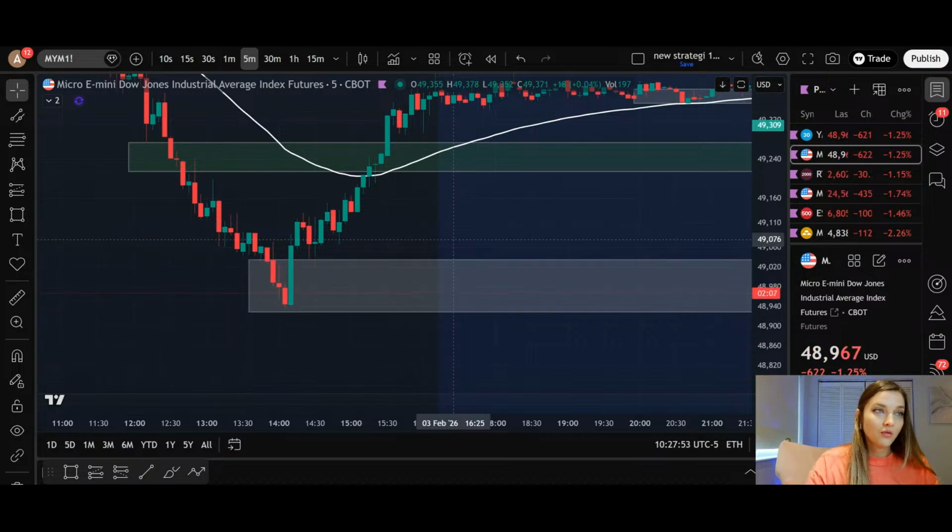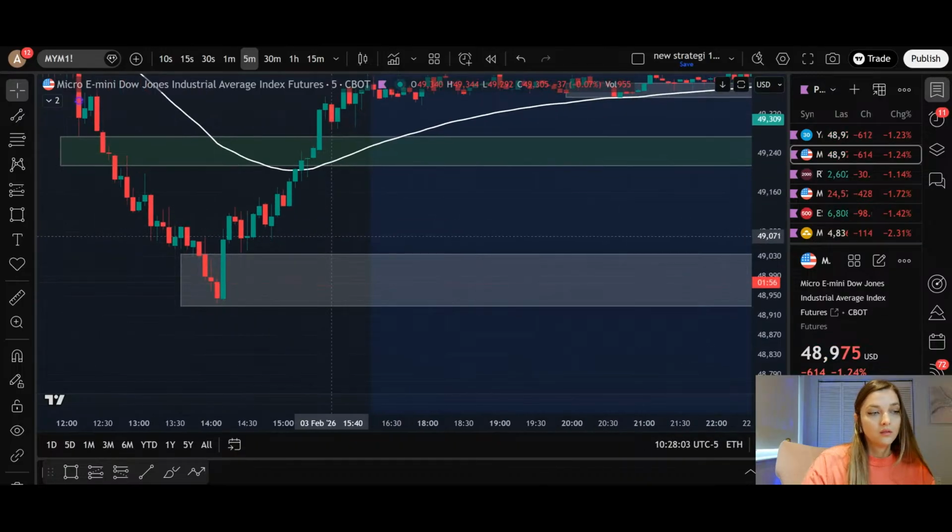Because when I mark the areas, those are no trade areas. So if the price is inside here, I don't trade. So I like to be not as big as it could be, but I like the price to have a breathing area, right?